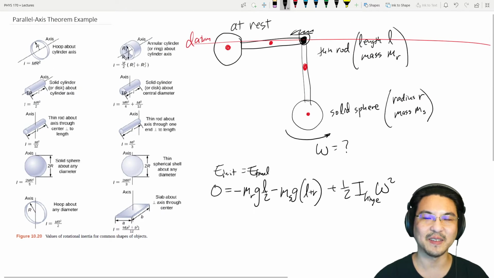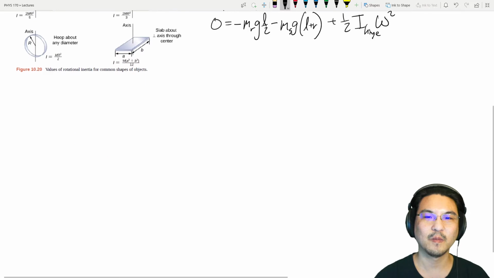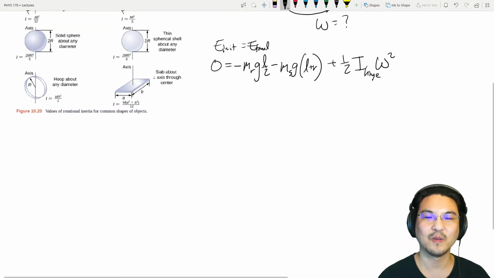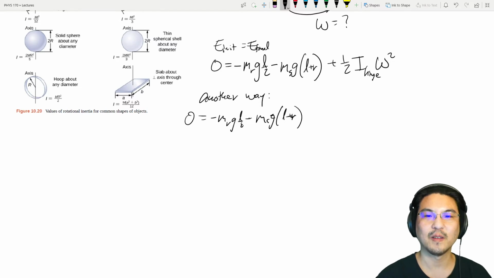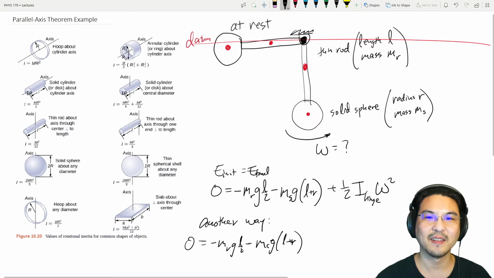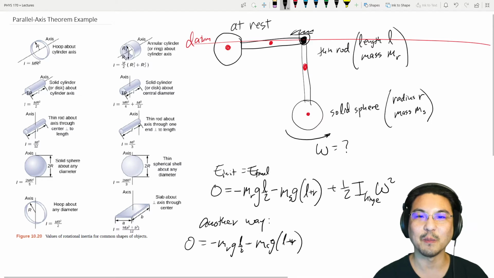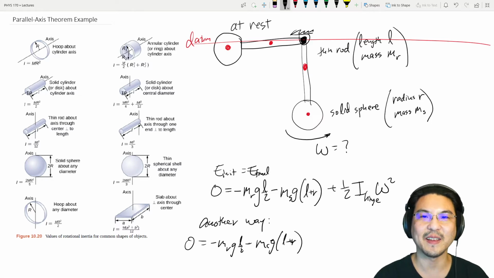Another way is the same gravitational potential energy, but for kinetic energy, let's consider the bar translating like this.